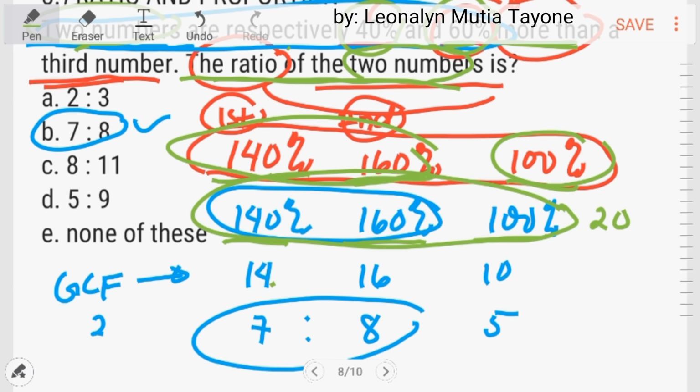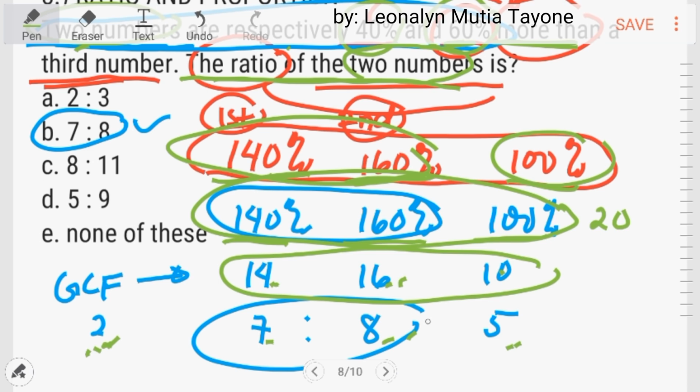So, ito naging 14, 16, at saka 10. Dito, ma-identify na natin kung ano ang greatest common factor, which is 2. So, i-divide mo lang sila lahat ng 2. 14 divided by 2, 7. 16 divided by 2, 8. 10 divided by 2, 5. Ang hinahanap lang, ang tanong lang ay yung first and second number. 7 is to 8. So, letter B ang answer.